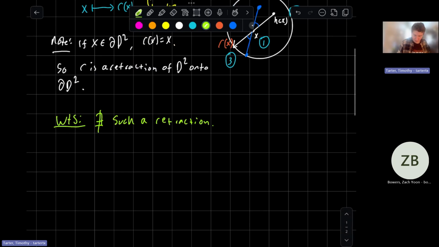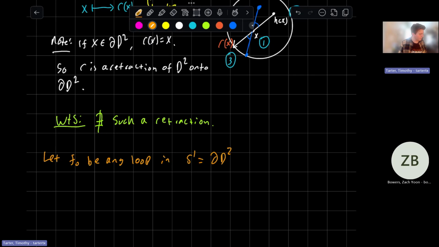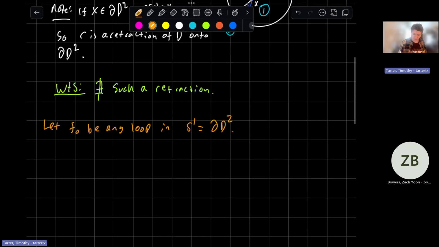So to accomplish this, we will let f naught be any loop in S1, which is again the boundary of D2. Well, in the 2-disk, there is a homotopy of f naught to a constant loop.